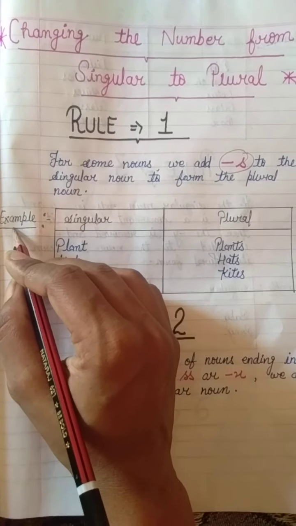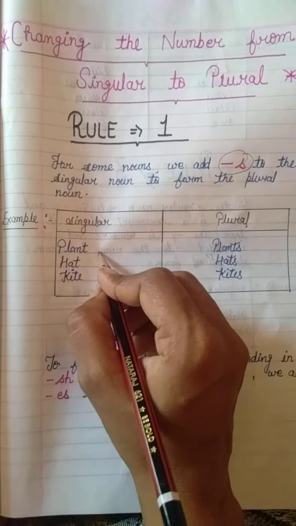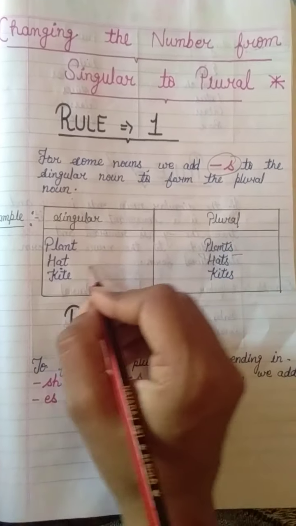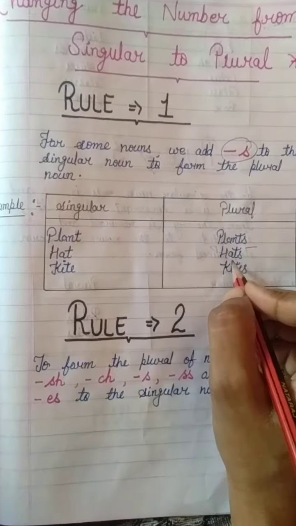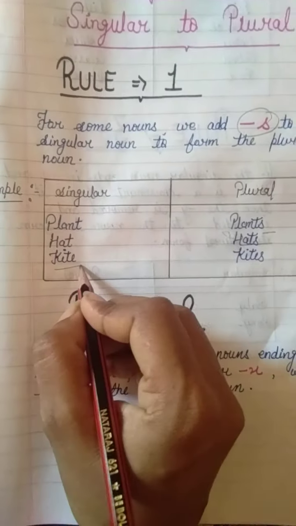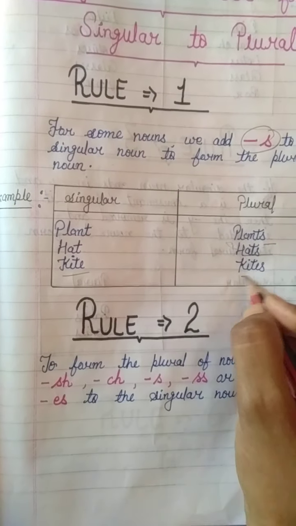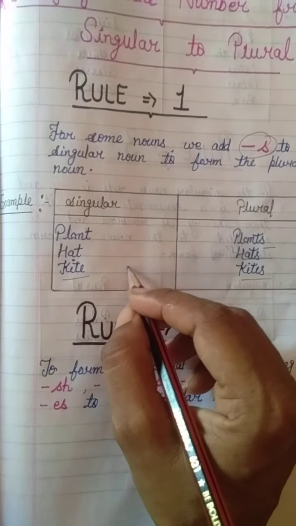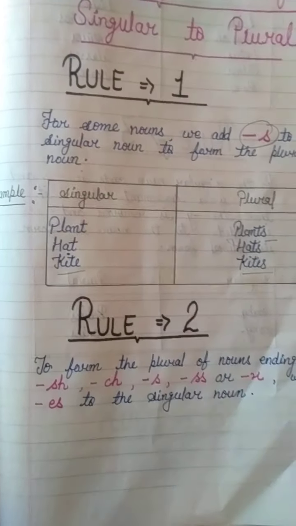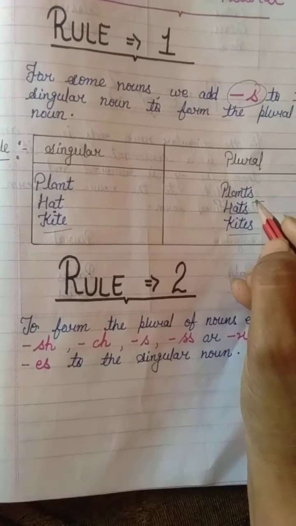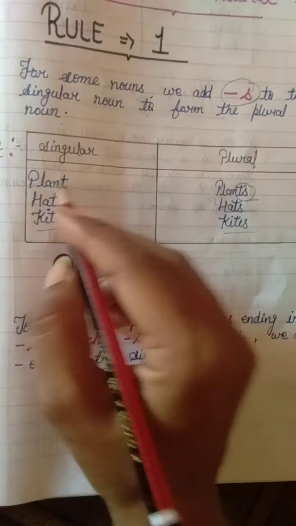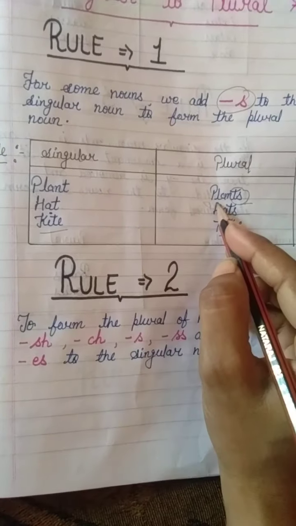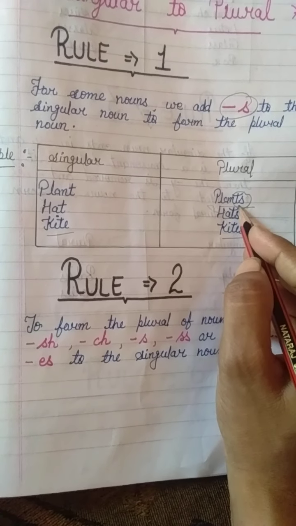For example, plant, plants, hat, hats, kite, kites. Students, in these examples, we add s to the singular noun to form the plural noun.